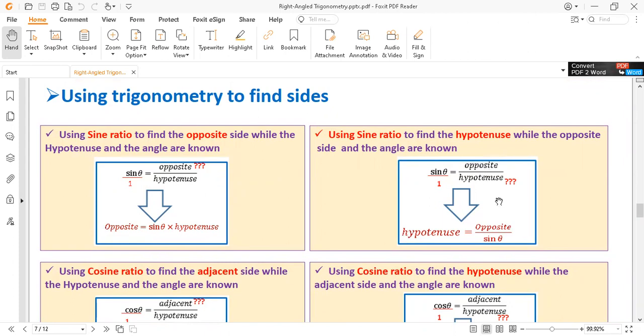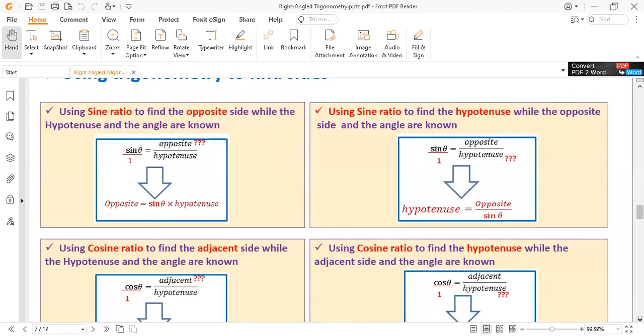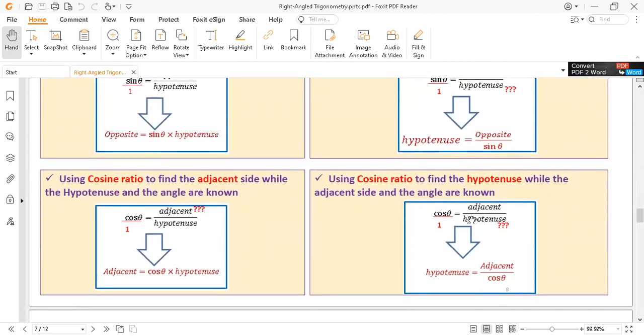In the same way, if we have the adjacent and we want to find the hypotenuse, and we have theta as the angle, we are involving these two sides, adjacent and hypotenuse. So we need to use the cosine ratio.